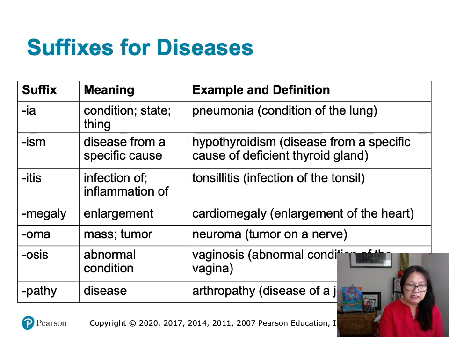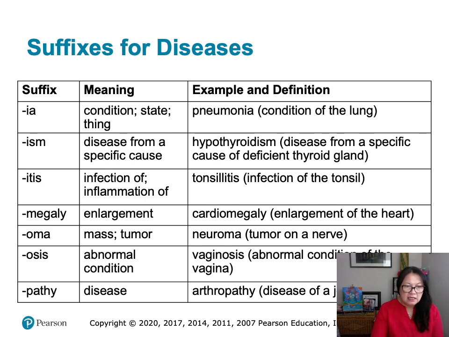Pneumonia literally means condition of the lung. The suffix -ism means disease from a specific cause. Many medical words end in -ism, such as hypothyroidism, which means disease from a specific cause of a deficient thyroid gland.